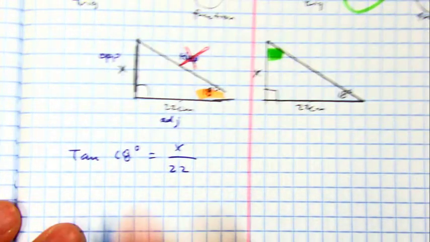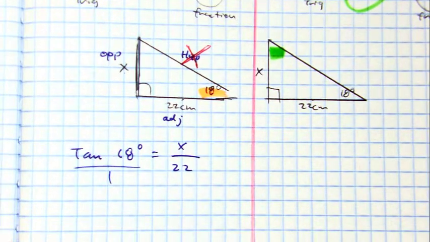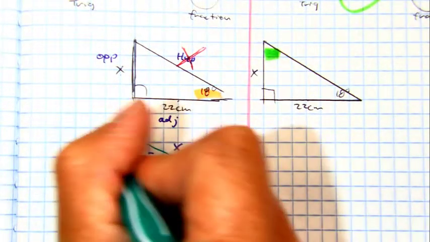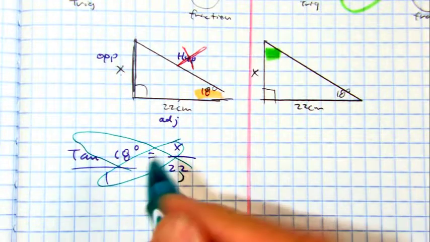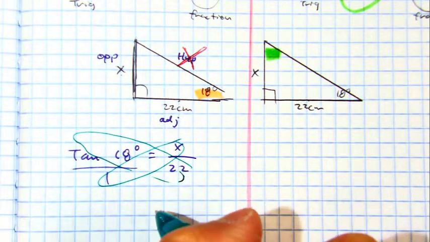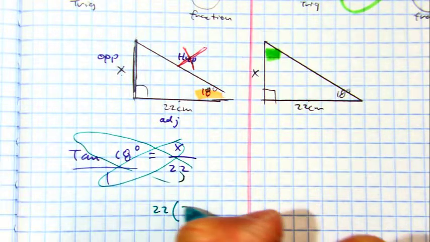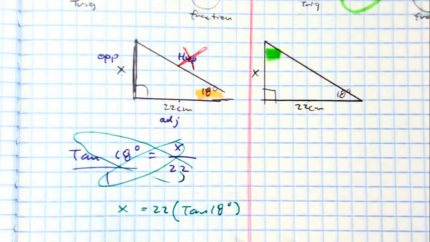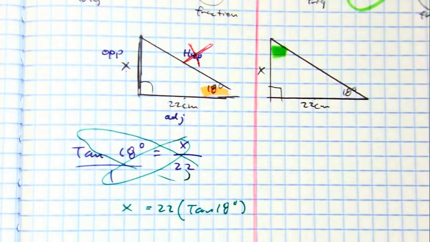Cross multiply. Tell me what to write. 22 parentheses tangent 18, and then on the other side just x. It's nice, it has a calculator-ready equation.